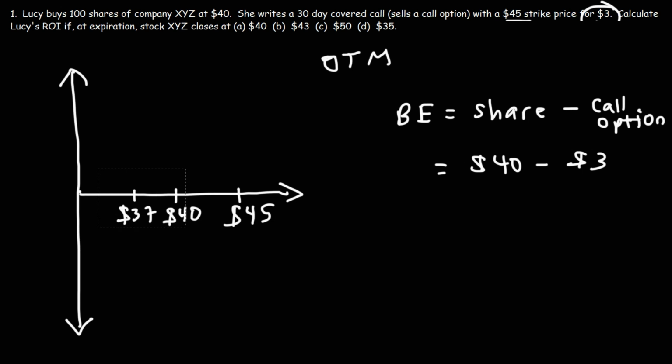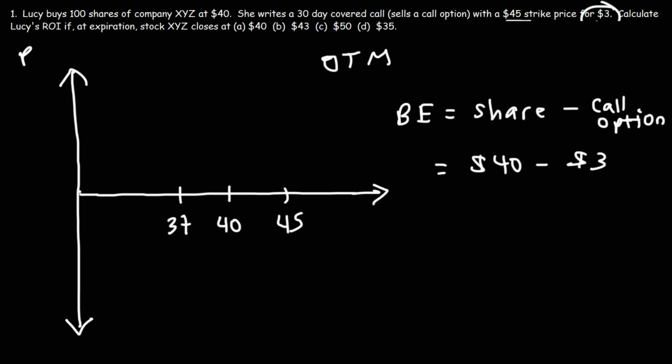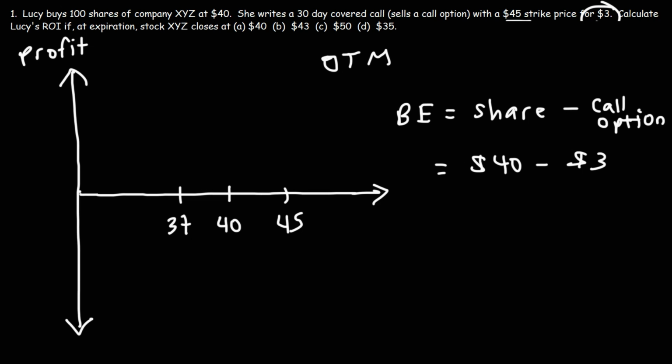I may have to extend this graph. It's not going to be drawn to scale, but at least you get the idea of how it works. Let's just make this 40 and this 45 and this 37. Now, on the y-axis, this represents the profit or the loss. Anywhere above the x-axis in this region, that's the profitable region.